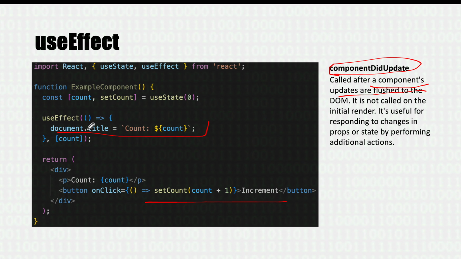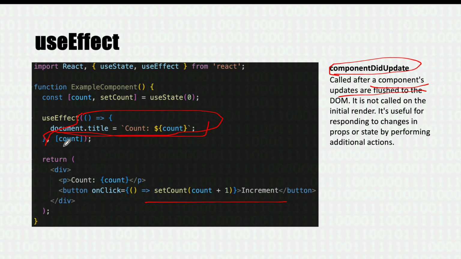So there are two parameters. The first is a function which will be executed, in this case, when there is an update in the DOM.